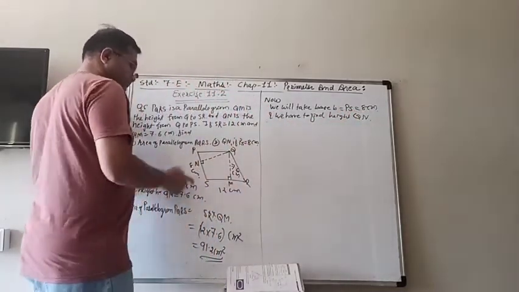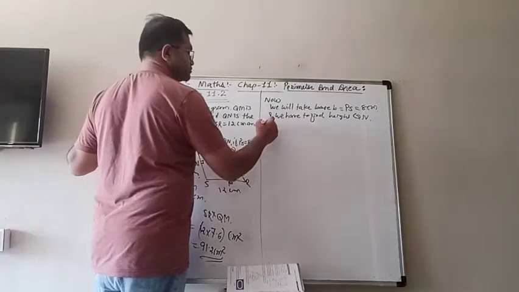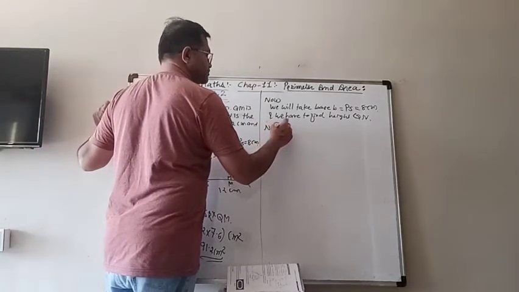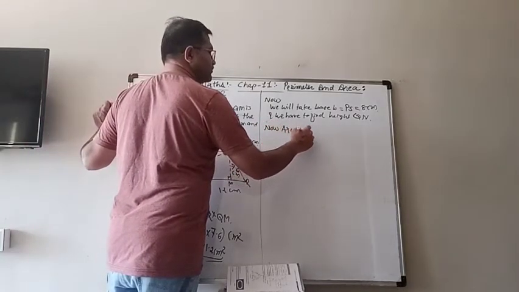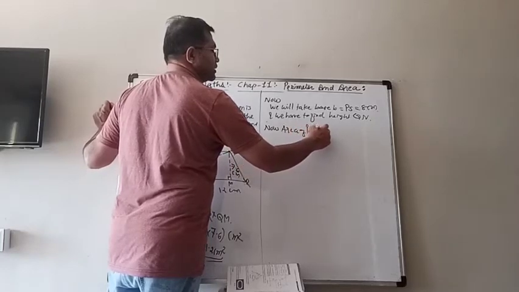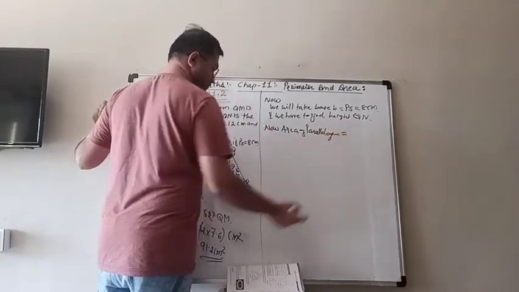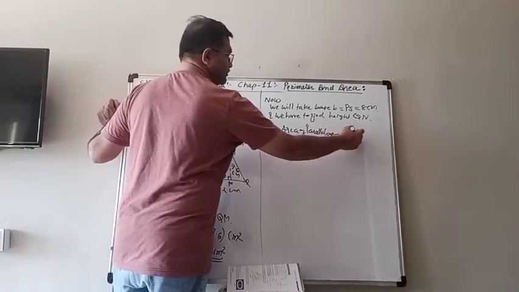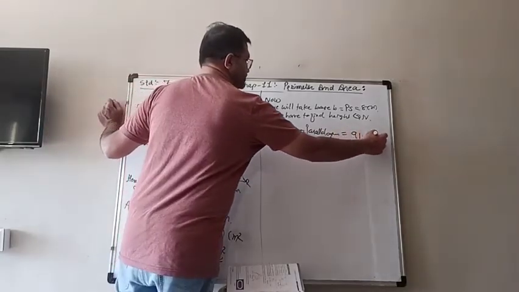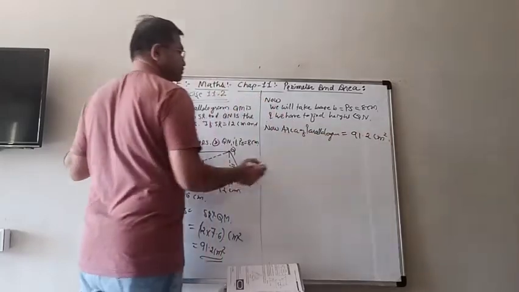So now we have to take the same area. So now area of parallelogram is, already we find out, 91.2 centimeter square.